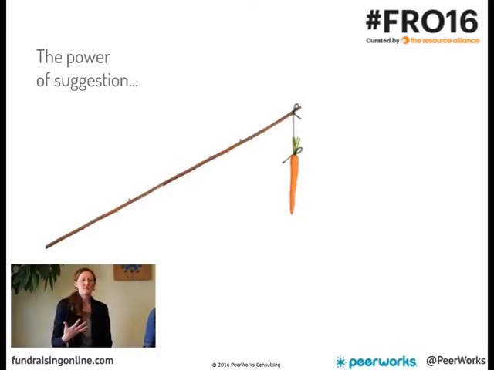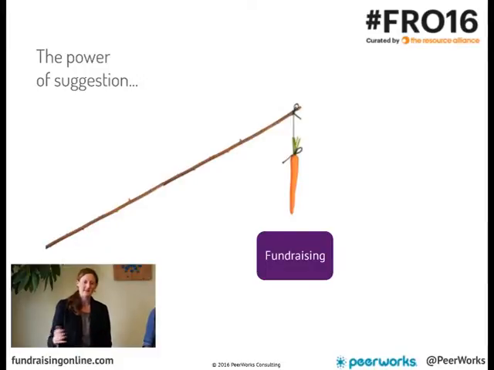And I think up to this point, we see with a lot of our clients that they may just be suggesting that people fundraise. That's it. And that's great. If you don't have a fundraising requirement for your event, maybe that's a great place to start, is to start encouraging people to fundraise. But this will only get you so far.